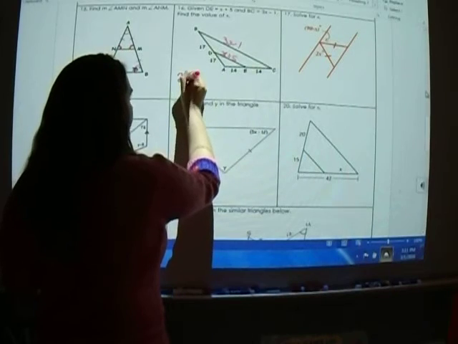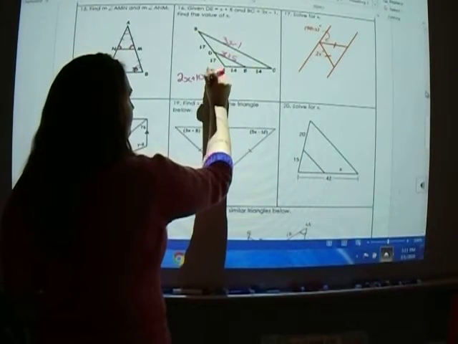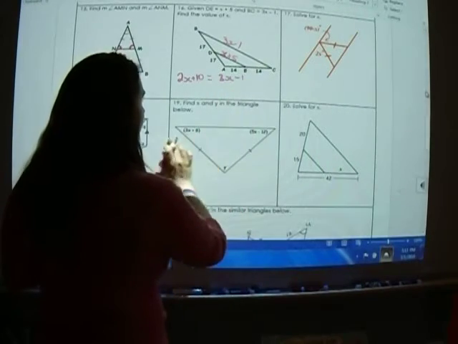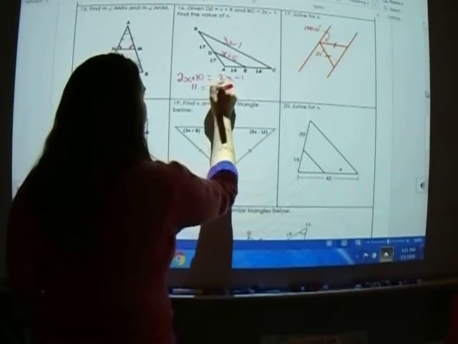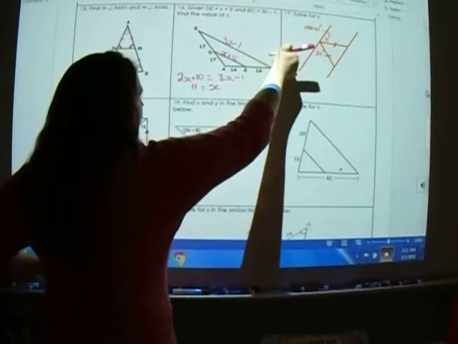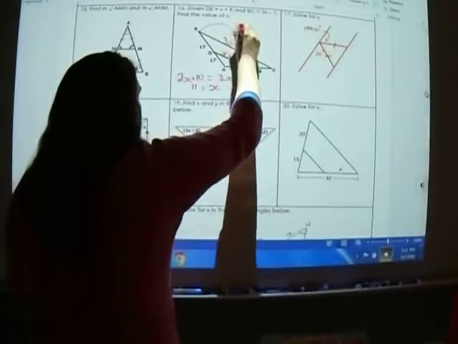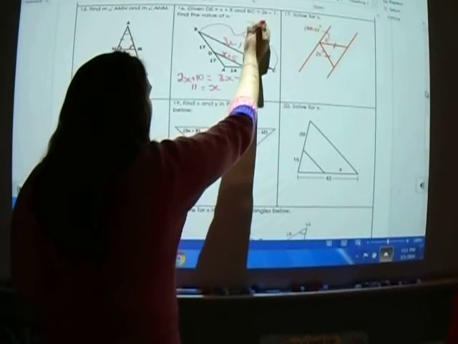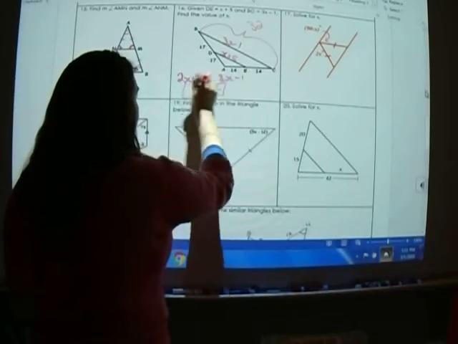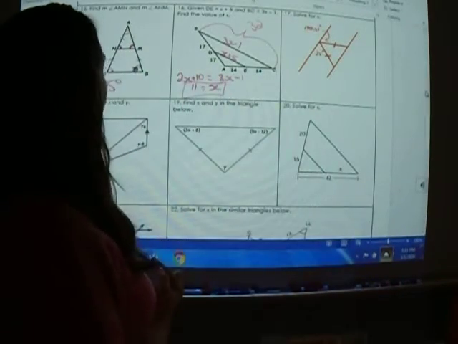So 2x plus 10, I just did 2 times this, equals 3x minus 1. So we end up with 11 equals x. So now plugging that back in, we get 32. So this length here is 32, and our answer is x equals 11.